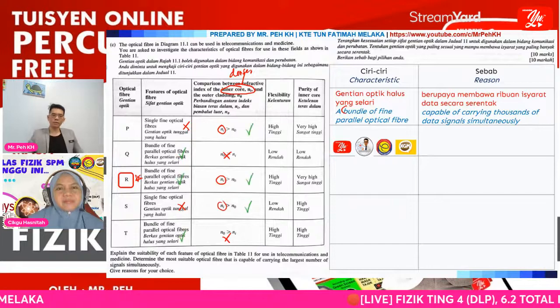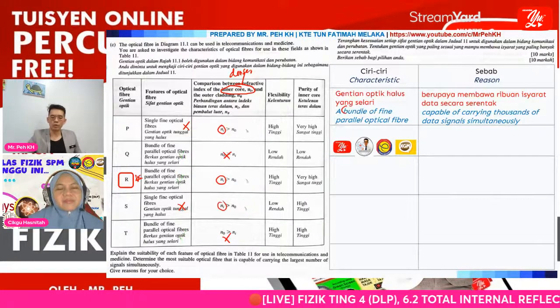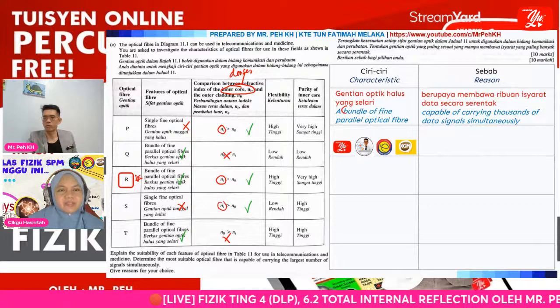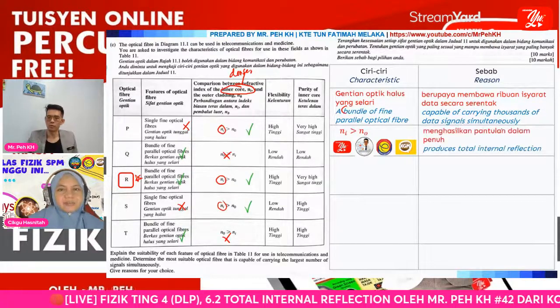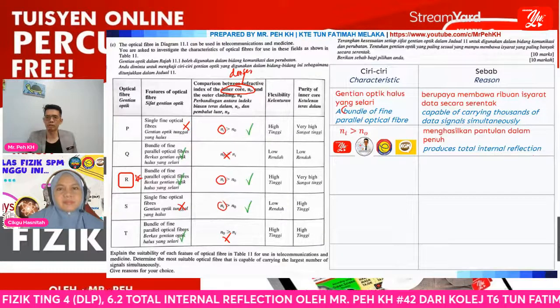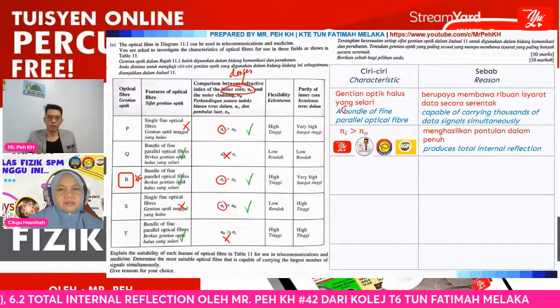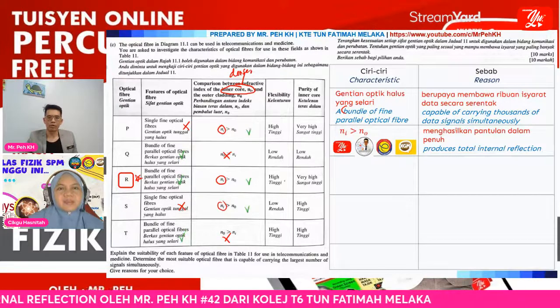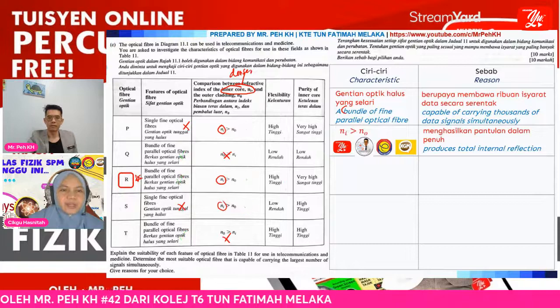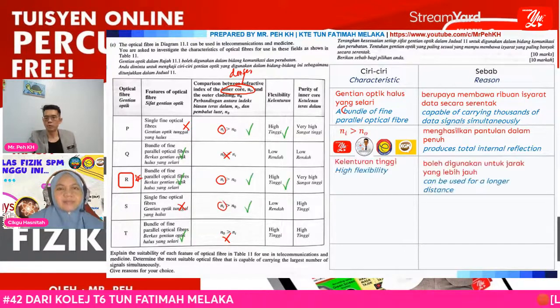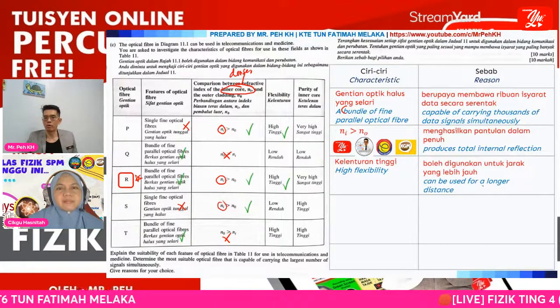So Ni is greater than No because you want to let total internal reflection occur. Okay, so this is the answer: produce total internal reflection. Here it is very clear that the flexibility will be high, so it can be used for a longer distance.